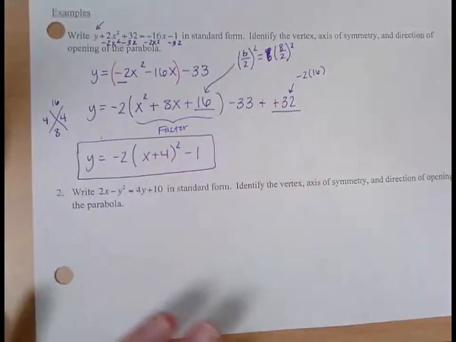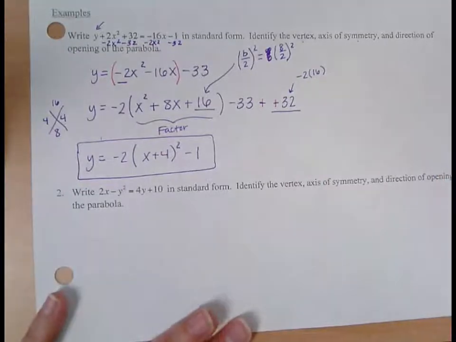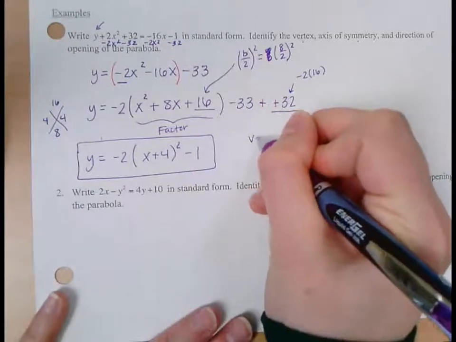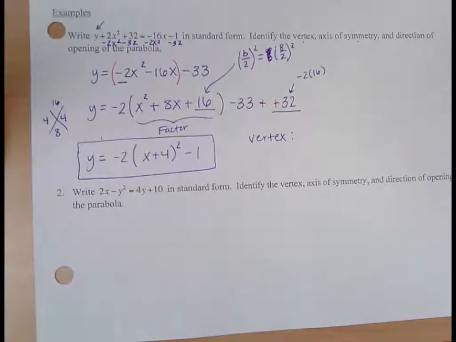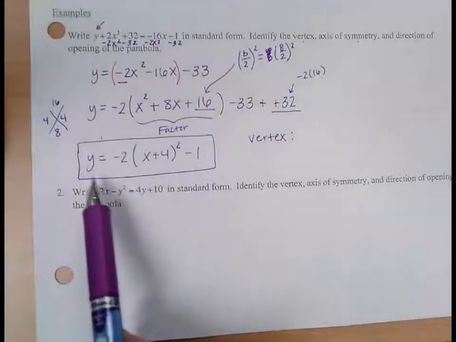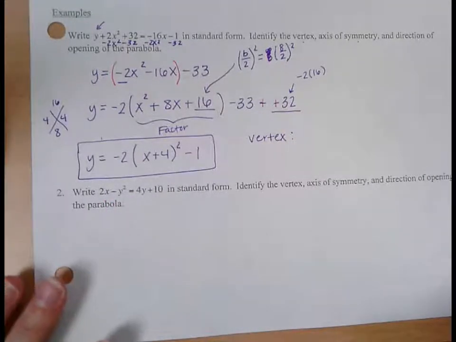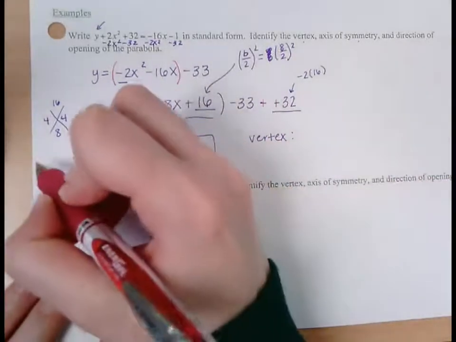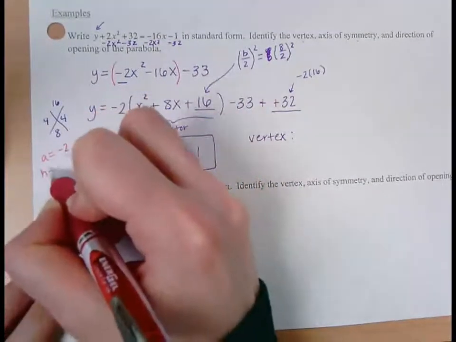The question, though, then says to identify the vertex, axis of symmetry, and direction of the opening. So this is where the formulas we put on our sheet could help. If you look at this equation, what is the a value? A is negative 2. What is h?